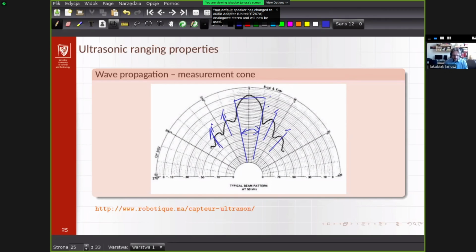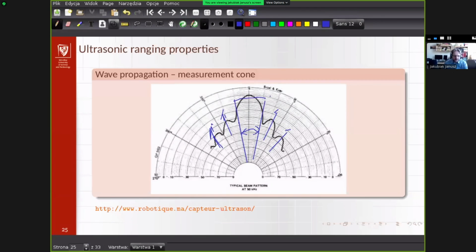In general, depending on the shape of the sonar and the cover that they use, the angles can be slightly different. Also, the proportion between the highest peak and the smallest ones can be different depending on the shape of the sonars and the external covers.